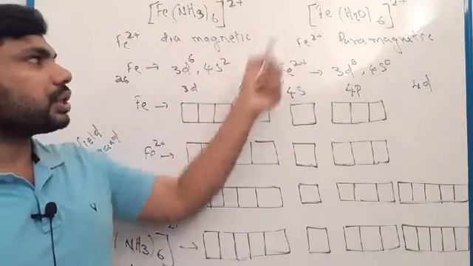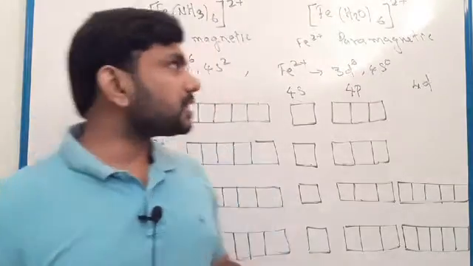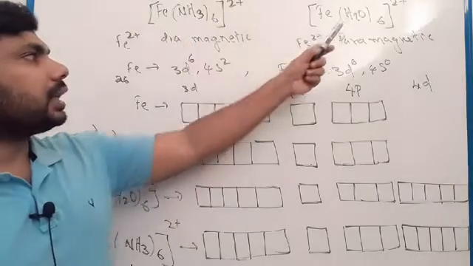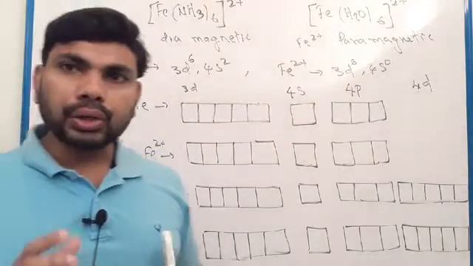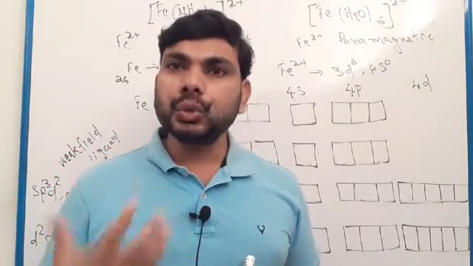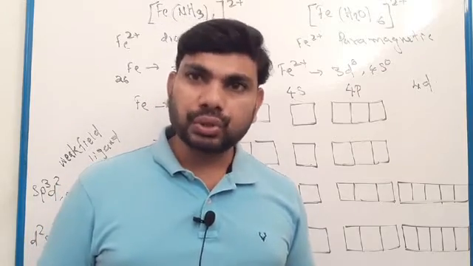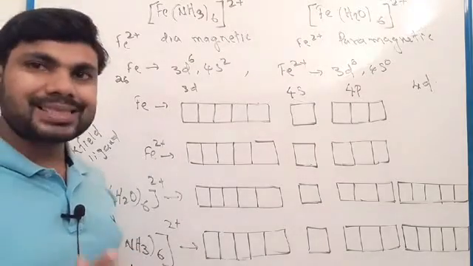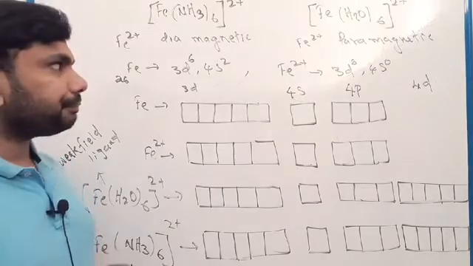Both coordination compounds contain the central metal atom iron. The first has 6 NH3 ligands and the second has 6 H2O molecules. In both cases the central metal atom is iron, and H2O and NH3 are neutral ligands. The number of ligands is also 6, so both are octahedral geometry.